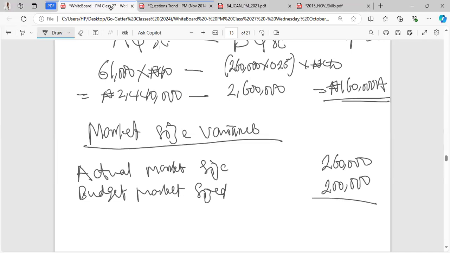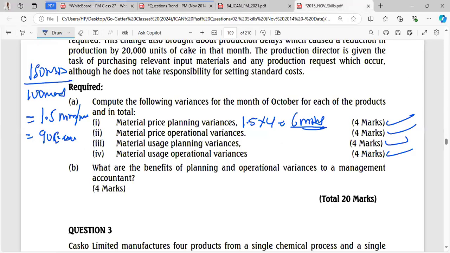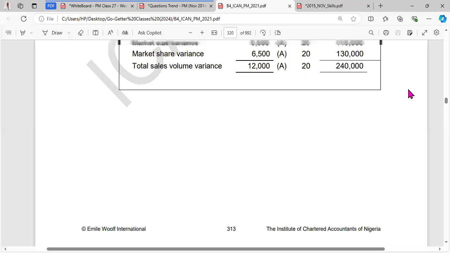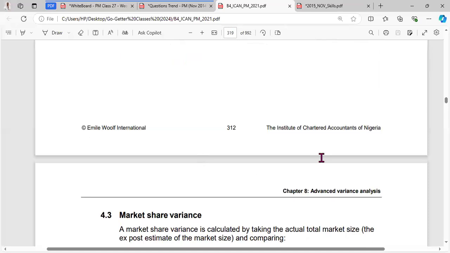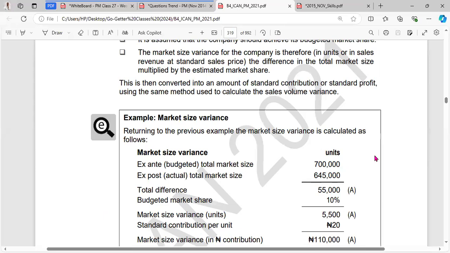Okay. So your actual, let's see something here. I want to be sure that I'm doing it the way I was suggested, because it is the exams you are writing. Market size, it is the actual, this is the budget. That's fine, doing it that way.